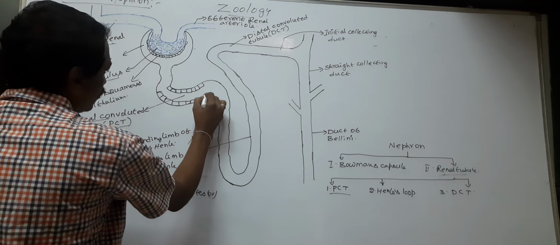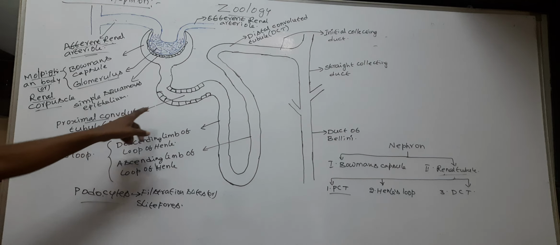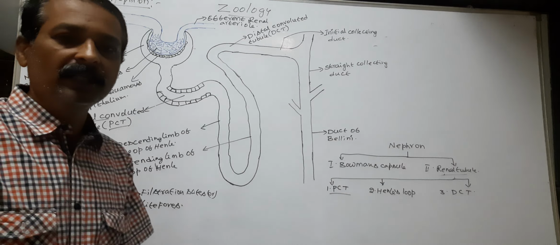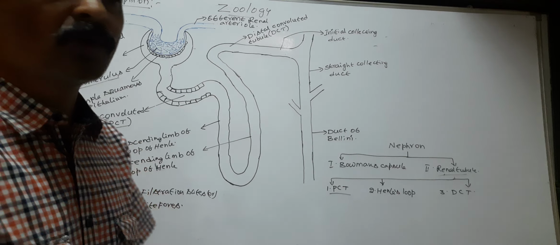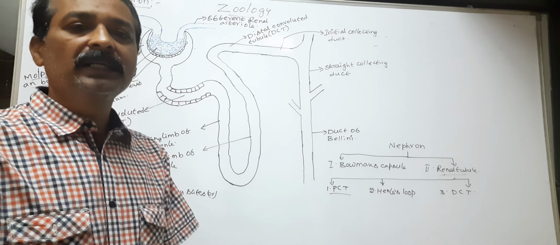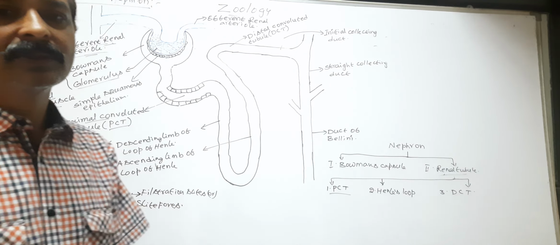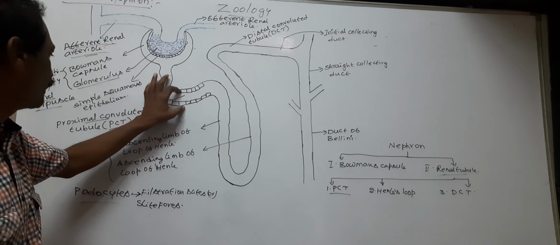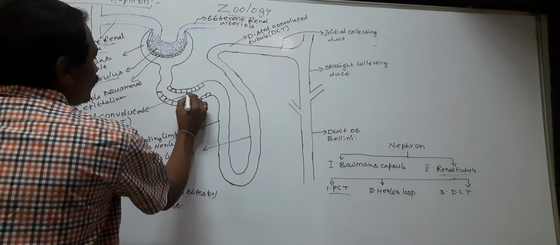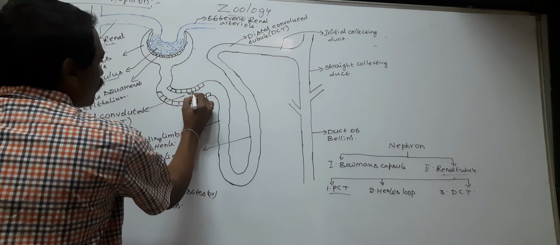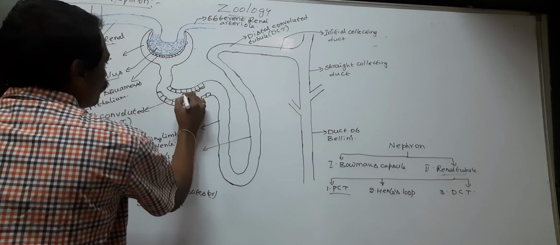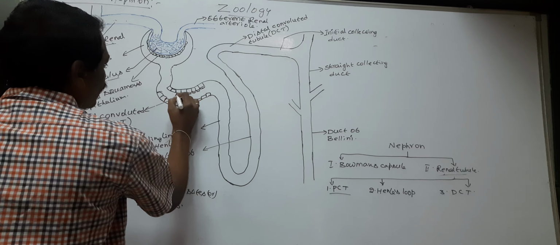So, the wall of the PCT is lined by simple cuboidal epithelium with microvilli. The microvilli increase the absorptive surface area of the PCT. So, the free surfaces of the cuboidal cells of the PCT possess microvilli.